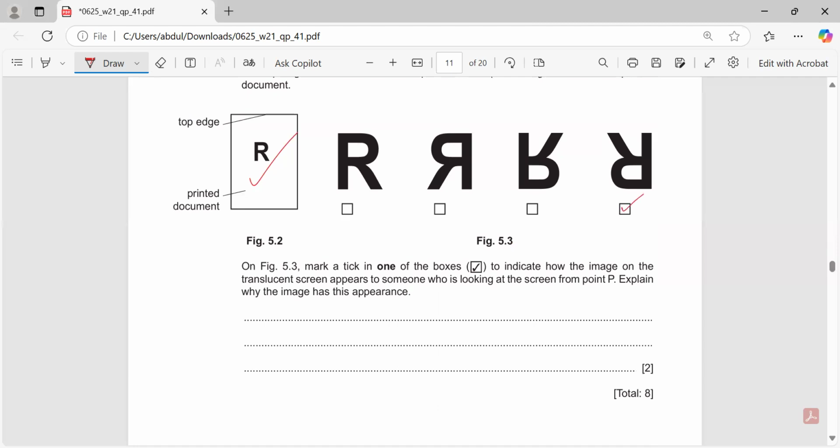Simple: the image is inverted and reversed. Why is the image inverted? It is a real image because it is formed on the screen, and a real image is always inverted.